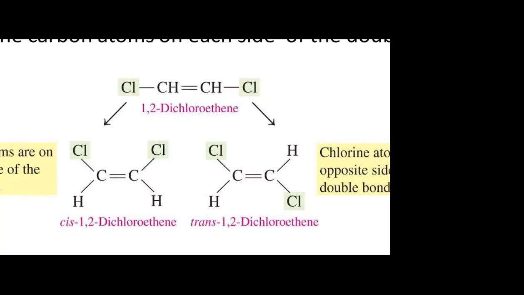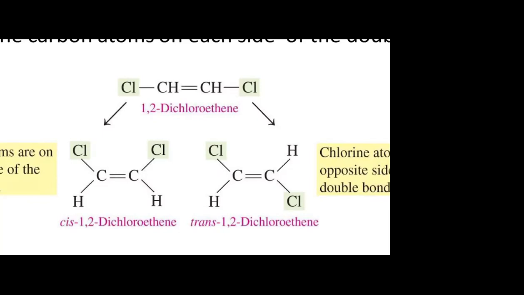If you have 2 groups, depending on their priority, we will talk about their priority soon, that are away from each other in opposite directions, see how the chlorine is pointing up on the left, but then the other one is pointing down on the right? That is called trans, because they are in opposite directions.